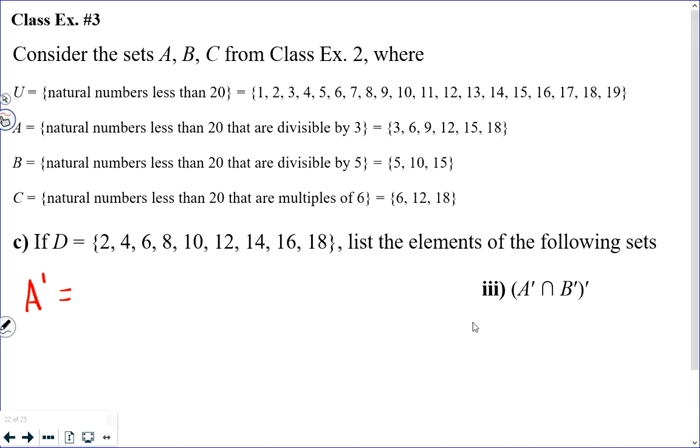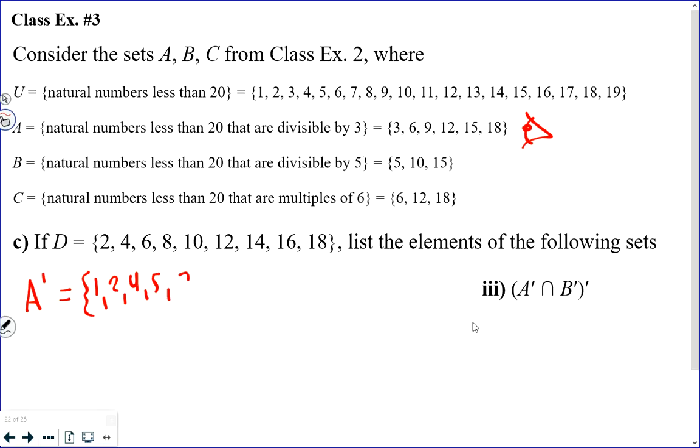Remember, the universal set goes from 1 to 19, so the complement of A will be any of those numbers except for what's in A, which will be 1, 2, 4, 5. I'm looking up here. This is my eyeball, and I'm just pulling all of those out of the universal set.